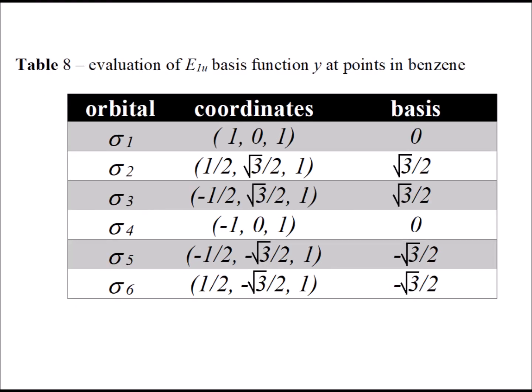The second of the two E1u degenerate representations' basis functions is going to be the basis function y. Notice we just write down the y coordinate, and that is the value of our coefficient for the linear combination that's compatible with the E1u irreducible representation.